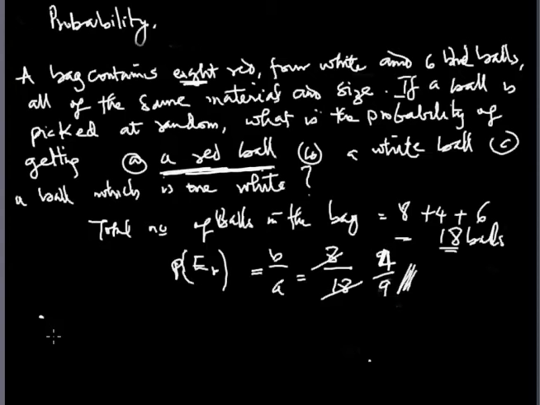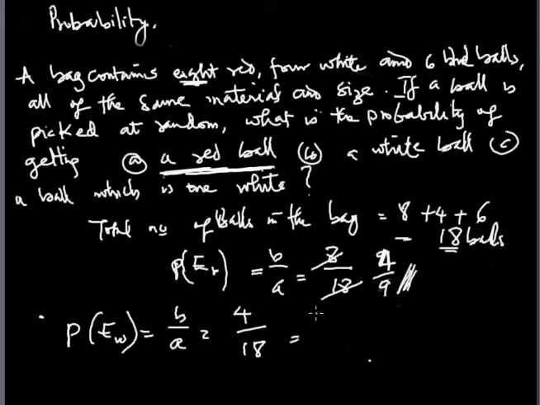Then the next question: what's the probability of getting a white ball? Here we only have 4 white balls. The probability of having a white ball is B over A, which is equal to, how many white balls do we have? We have 4. What's the total number of balls? It's 18.